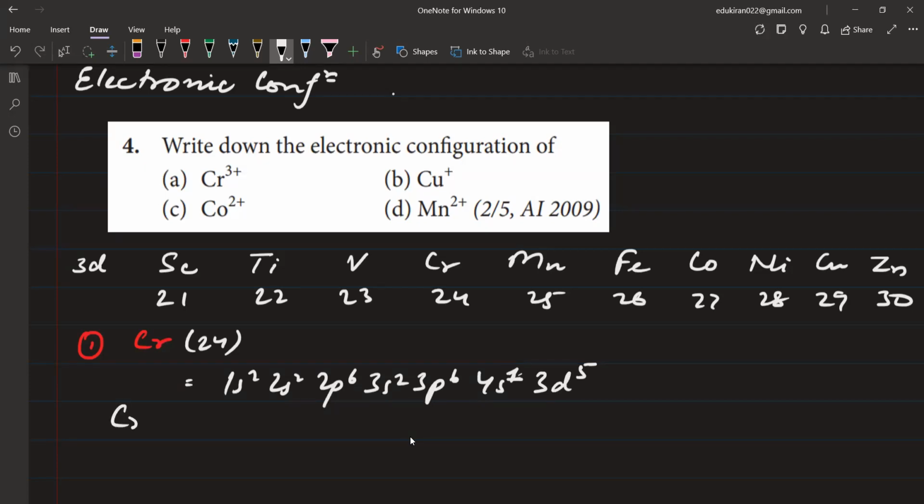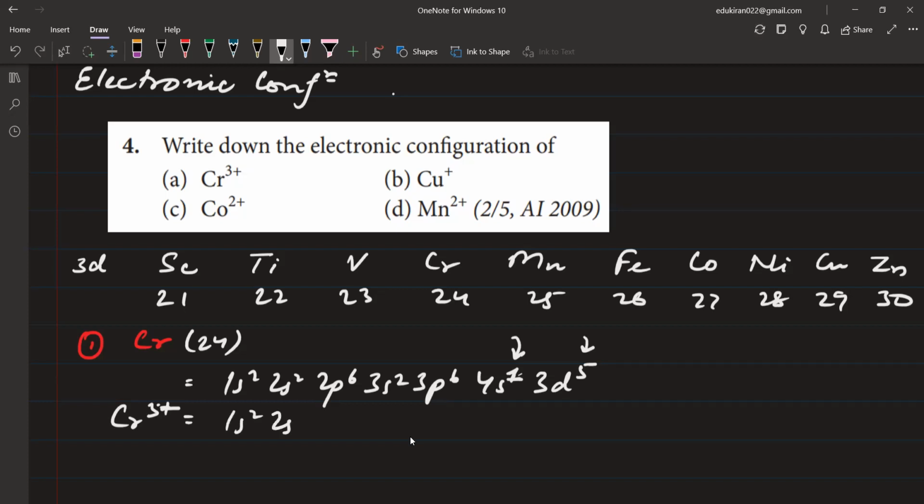Now what we have taken is Cr3+. Please listen, all of you. Try not to focus on writing. Here you have to remove how many electrons? 3 electrons. So 1 electron will be removed from the 4s, and the other 2 electrons will be removed from the 3d.